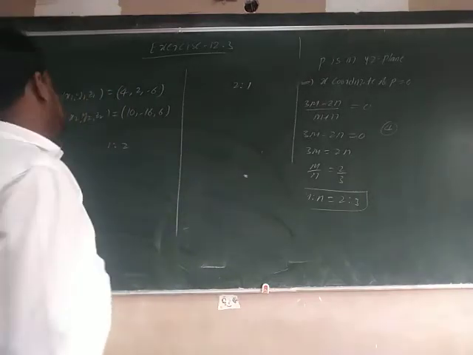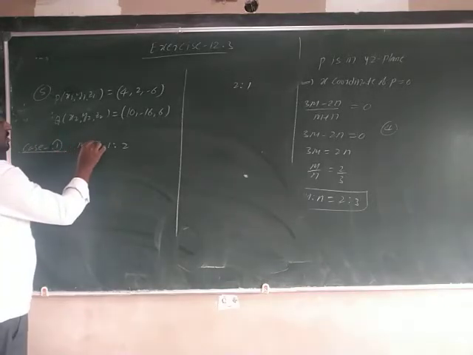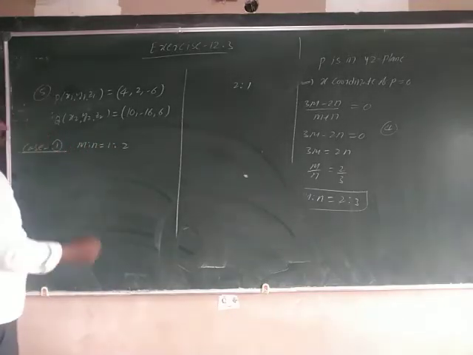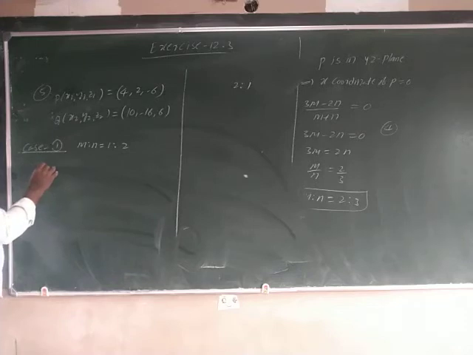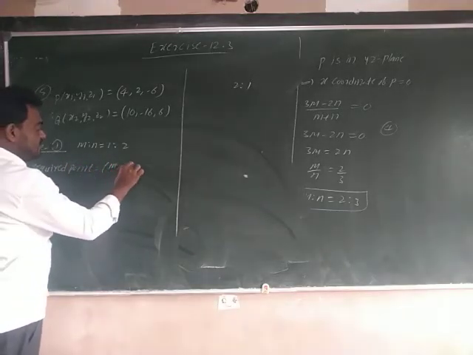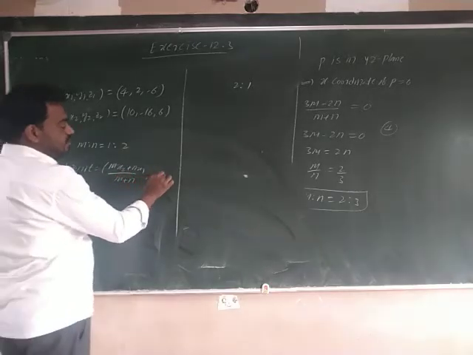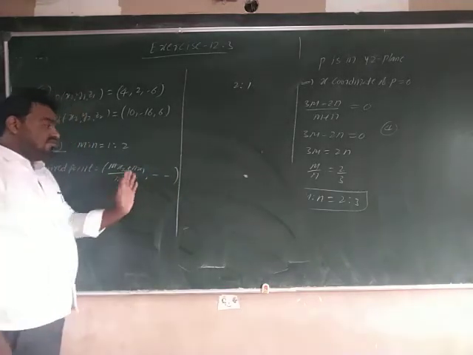First, case 1: the ratio m:n is 1:2. What is the formula? The required point is (mx2 + nx1)/(m + n), (my2 + ny1)/(m + n), and similarly the z coordinate.